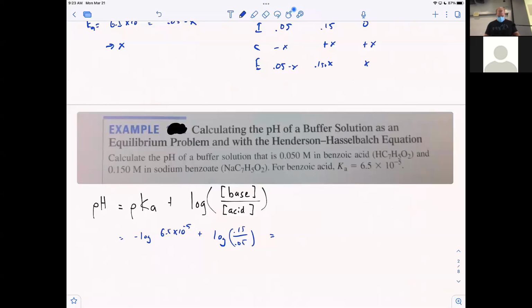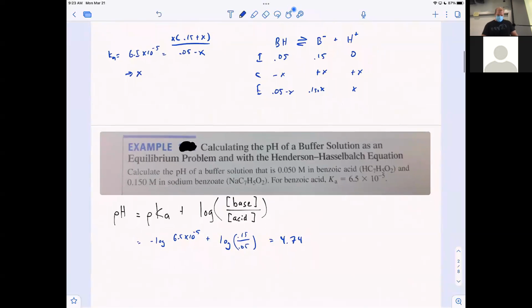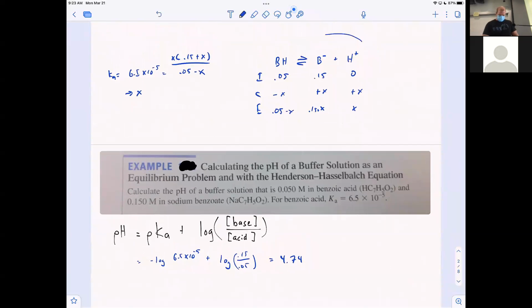And doing that, it's going to be 4.74. So you see here, using the equilibrium method, it takes a lot of steps. You have to set up the ICE chart, really think about things.